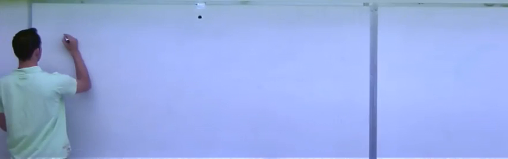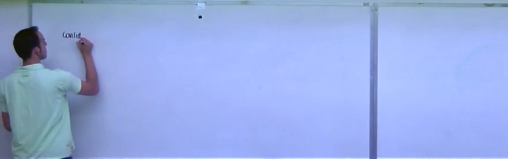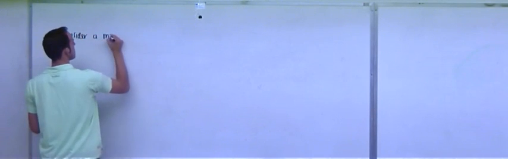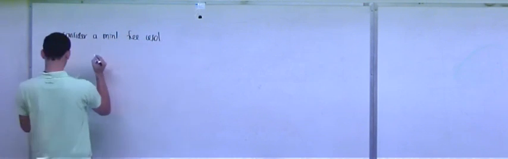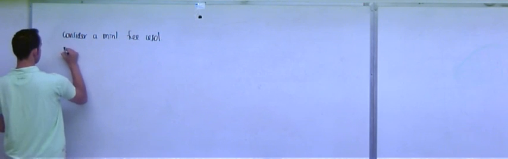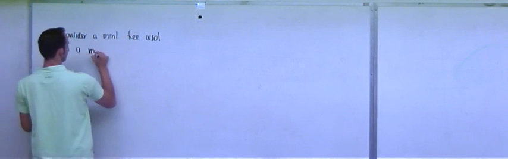Well, the setup is the following. Let's say that we consider a minimal free resolution of a monomial ideal like the one that we have here.